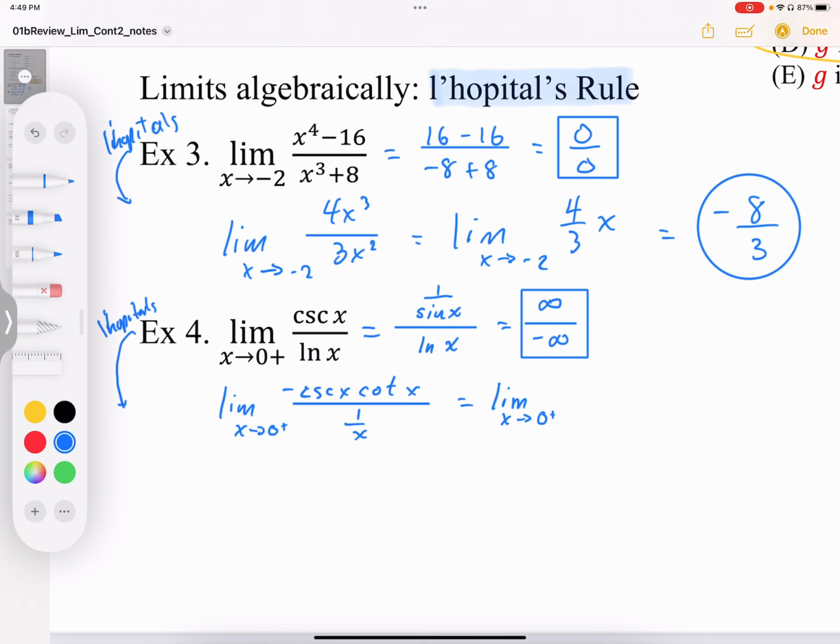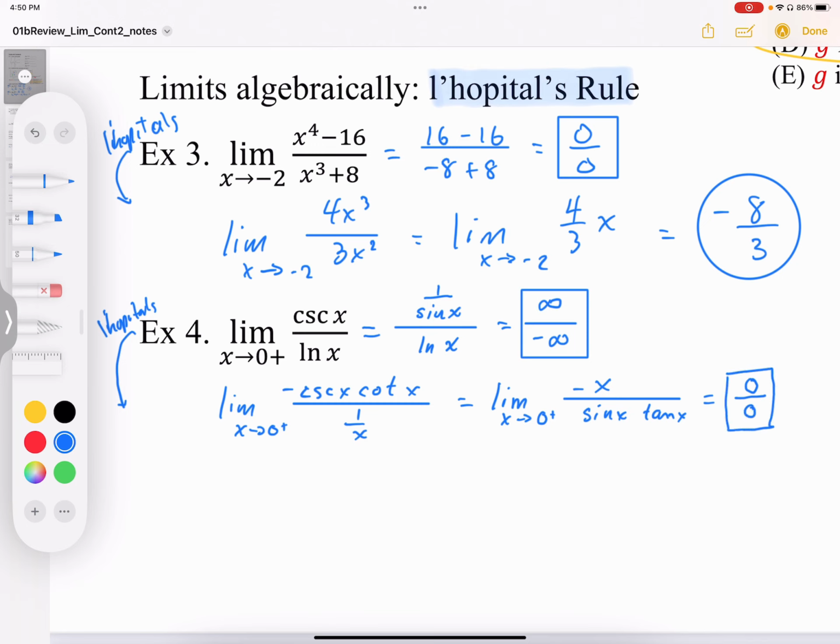I have a reciprocal expression on top and a reciprocal on the bottom, so I make this negative x on top, and the sine and tan go down as sine x tan x. When I evaluate this by plugging in 0, I get 0 over 0 again.